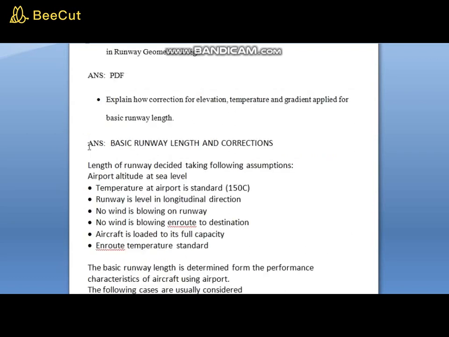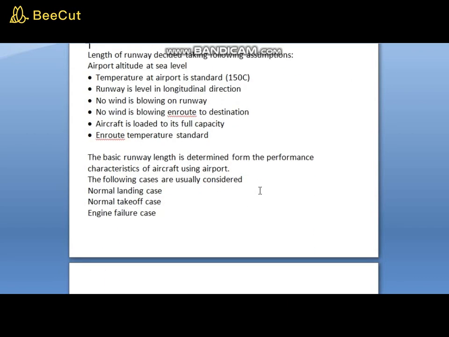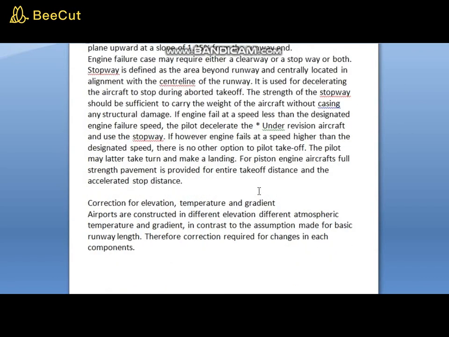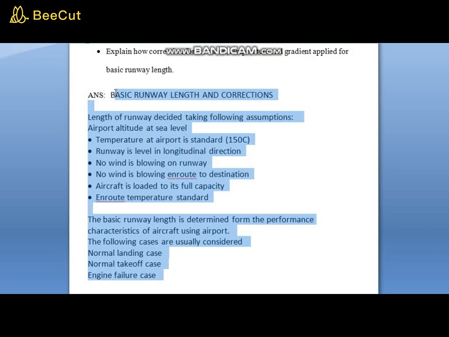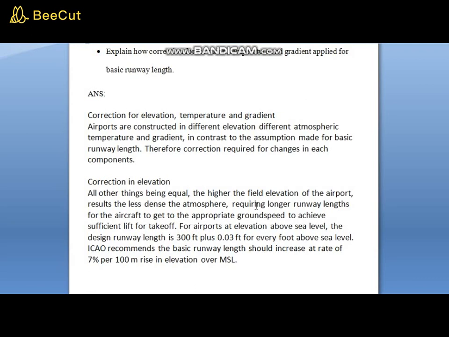So, basic runway length and correction. The length of runway decided comes under basic runway length. If you want a direct answer, it is from here: the correction for elevation, temperature and gradient.